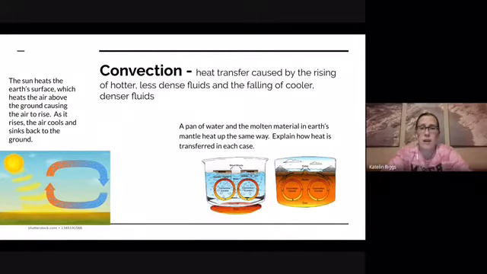So if you think of a pan of water or the molten material in Earth's mantle, which is probably the last time you learned convection, they all heat in the same way. I often picture it as if you ever made spaghetti, you can actually see the convection currents if you let the spaghetti come to a really hard boil. At the bottom of the pan, that water is going to heat up first because it's closest to the heat source, the stovetop.